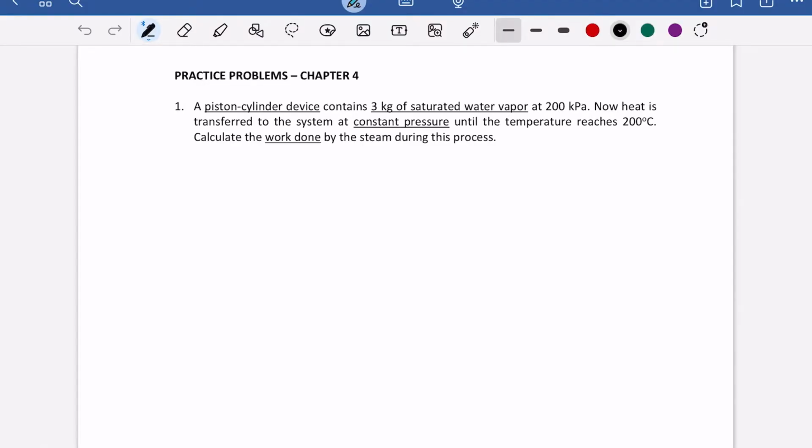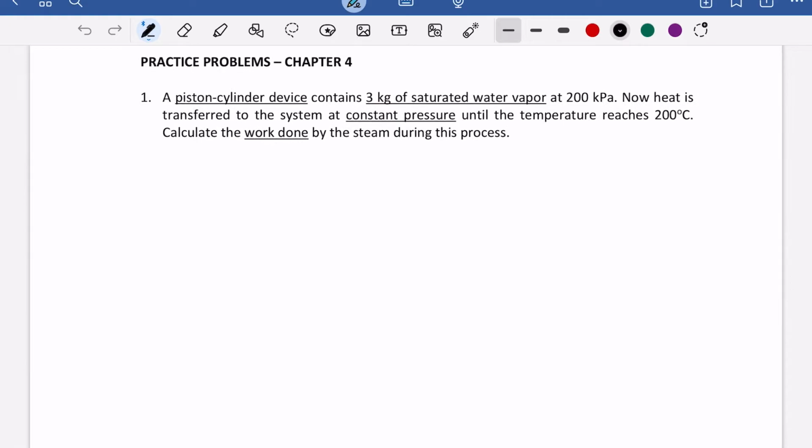So this is a piston cylinder device. We can start with sketching our system. Now we should start writing down what is given to us.